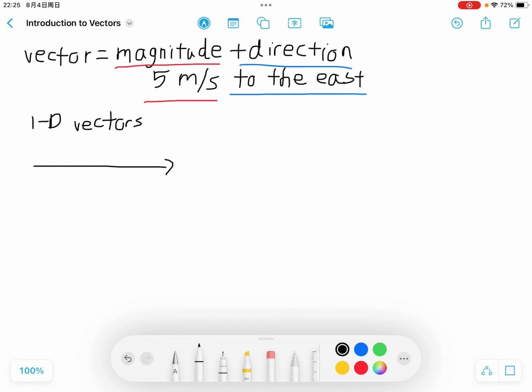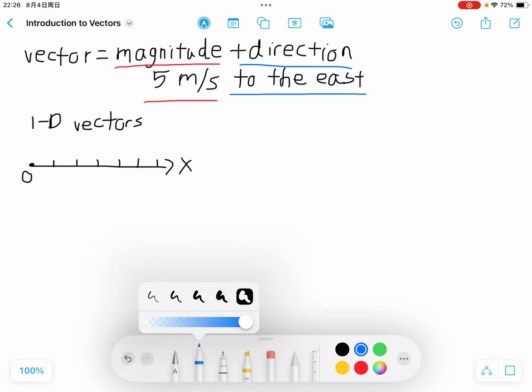We have this 1D coordinate here, which is facing the x direction, and right now we'll assume that our vectors are positive, so they all go this way. If I label my coordinates, this would be 0, 1, 2, 3, 4, 5, 6.